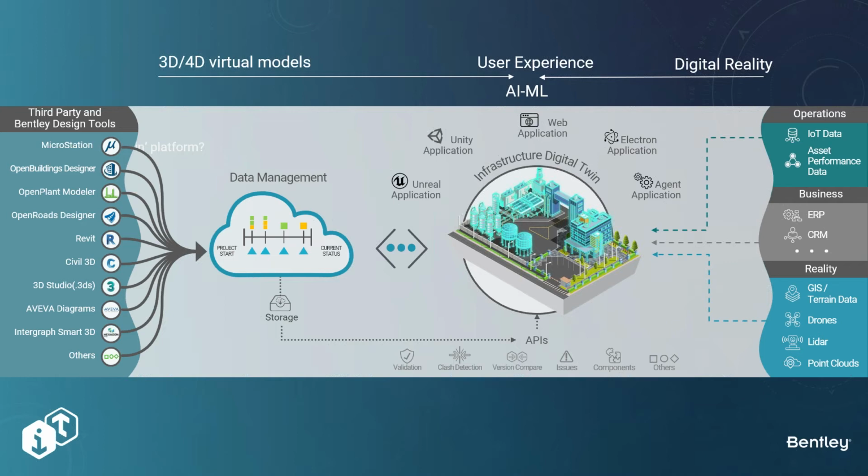OpenTower IQ is an example of a web app focused on an input of photogrammetry and engineering models and AI/ML. Then we extended that experience out to the HoloLens. The platform also works with common game engines like Unreal and Unity. If you have to go beyond the web, you build apps for Unity and Unreal. What I just showed you in the HoloLens has iTwin as the back end.